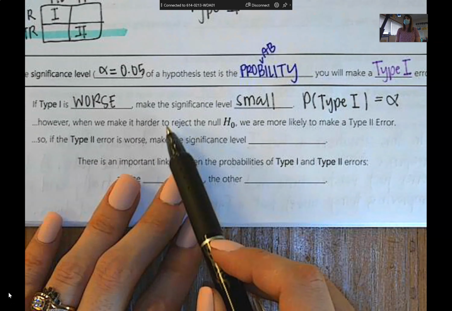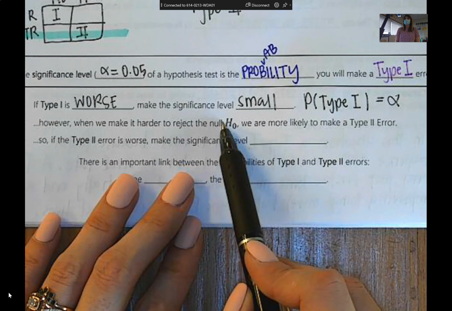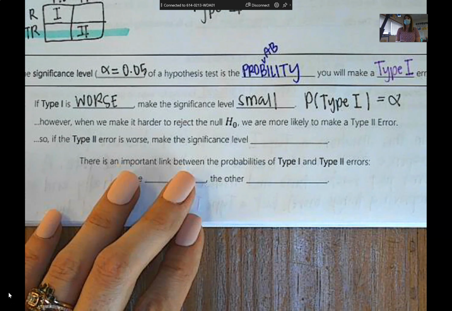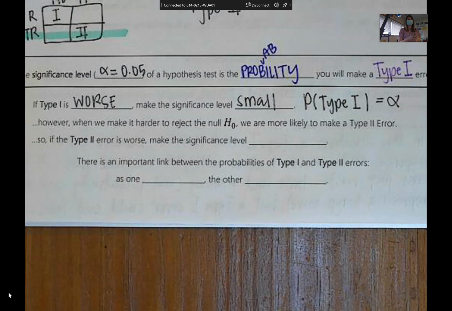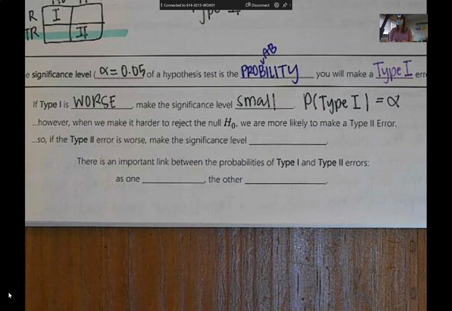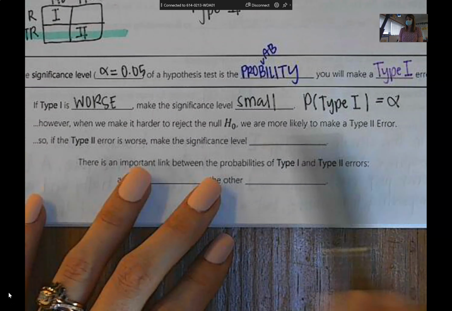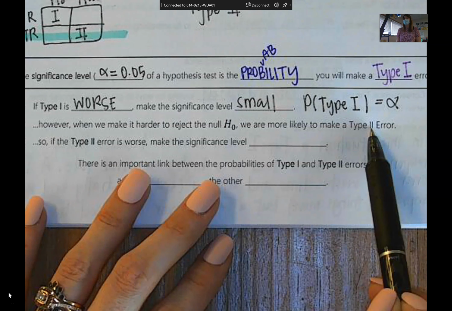However, the smaller your alpha is, the harder it is to reject, because remember, your p-value has to be low. So if you keep making your alpha low, it's harder to reject. You are more likely to make a type 2 error.